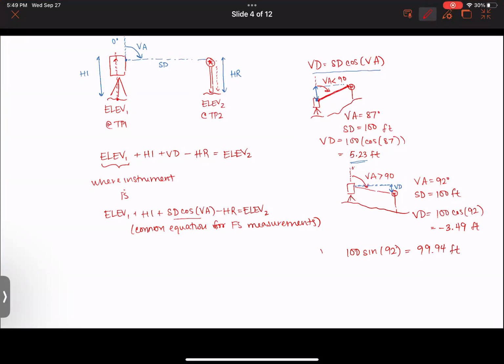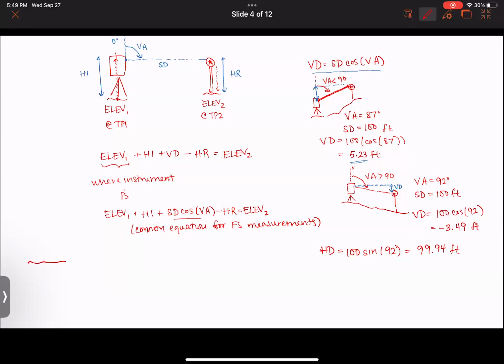What is this equation telling us? This equation is telling us the horizontal distance. So you can think of sine and cosine as two sides of the same coin. One is always going to get you to a horizontal distance, and one is always going to get you to a vertical distance.